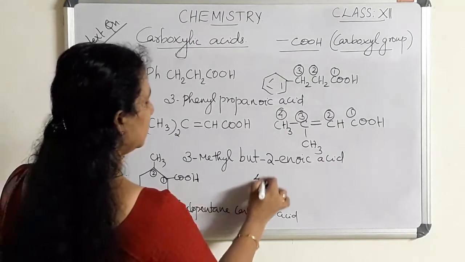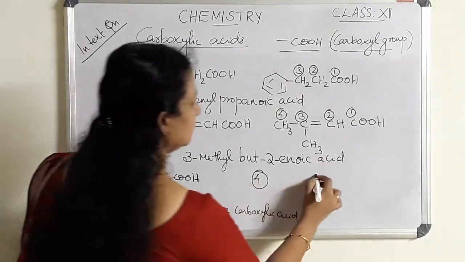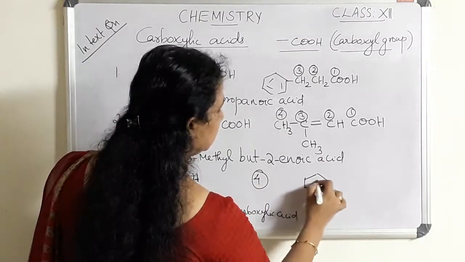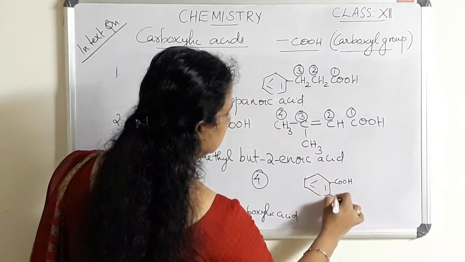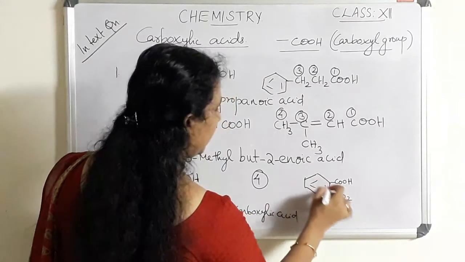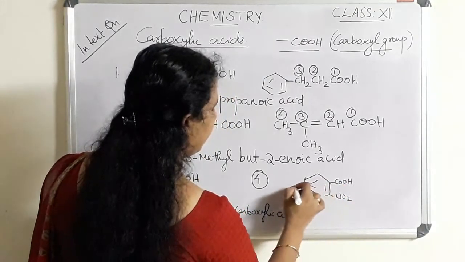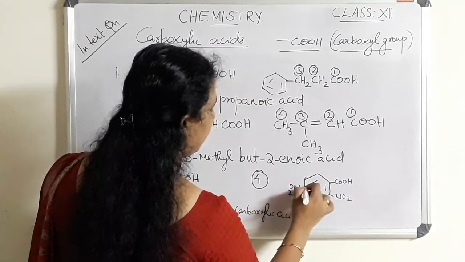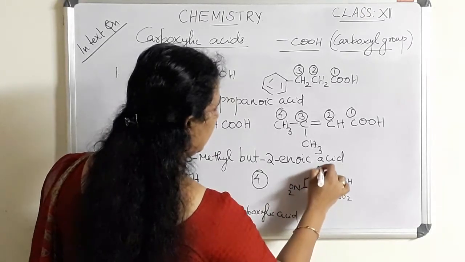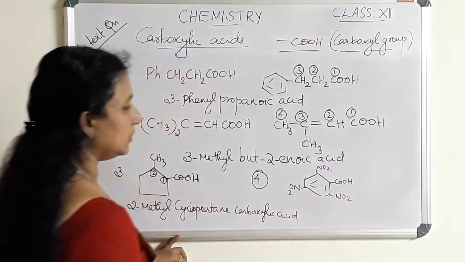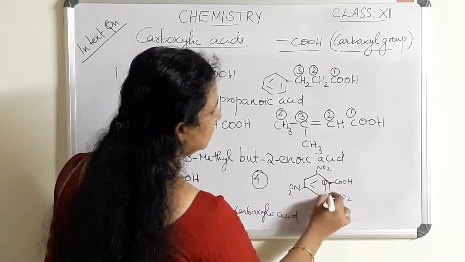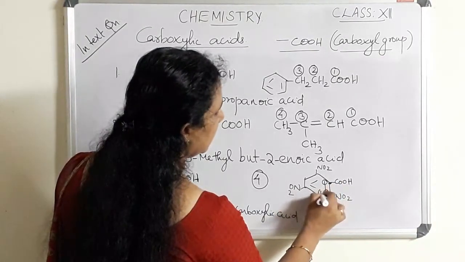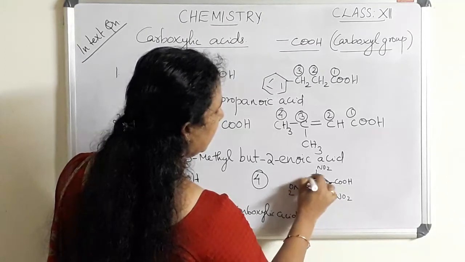Then the fourth question is this, and again this is the first position, 1, 2, 3, 4, 5 and 6.